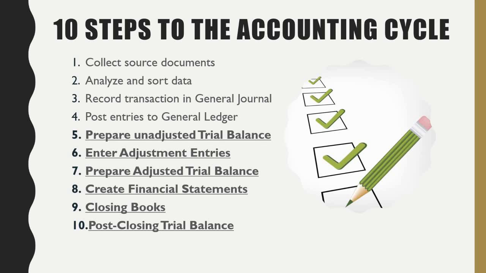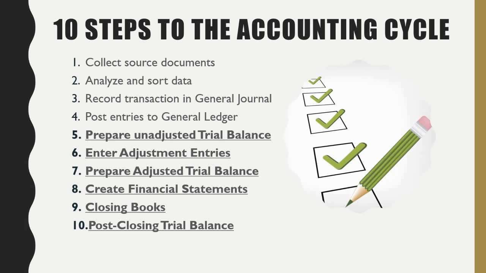Yes, we have completed step number 5 occasionally, but that is actually a different trial balance. Throughout this time, we've been doing steps 1 through 4: we recognize the transaction, we analyze it and sort it, we journalize it, then we post it to our ledger. And that's what I've been teaching you so far.